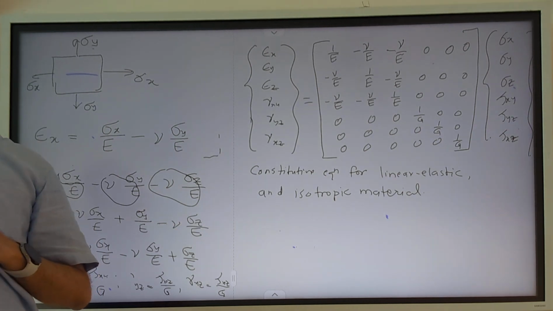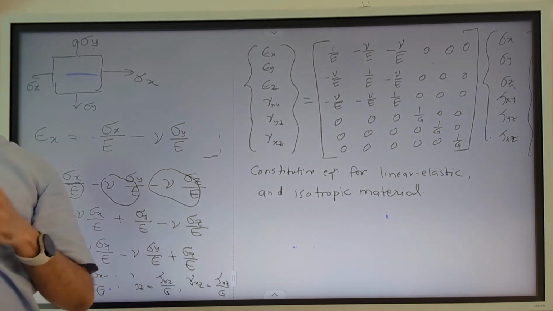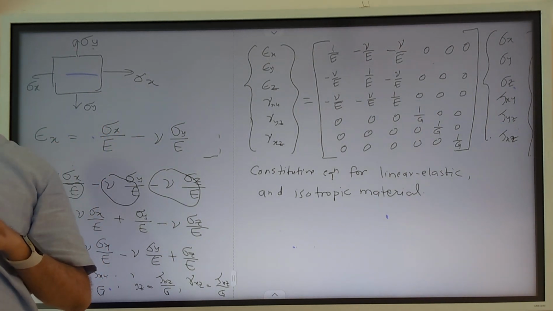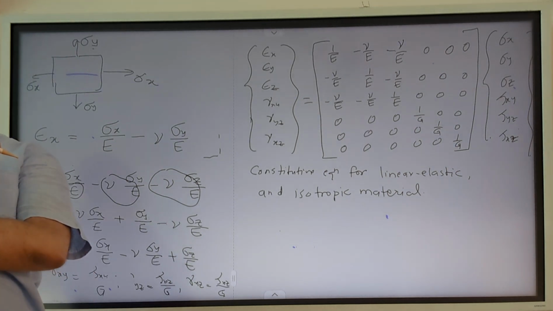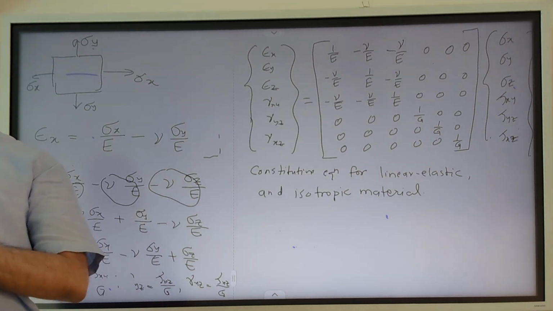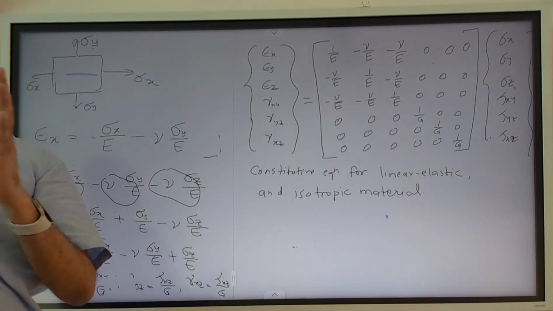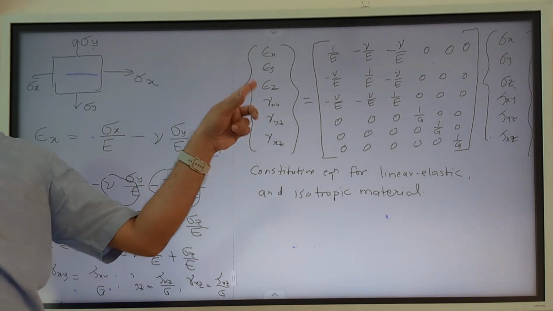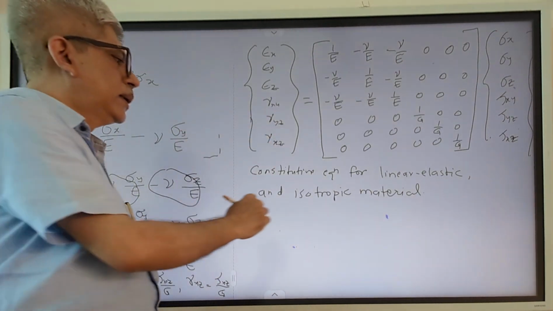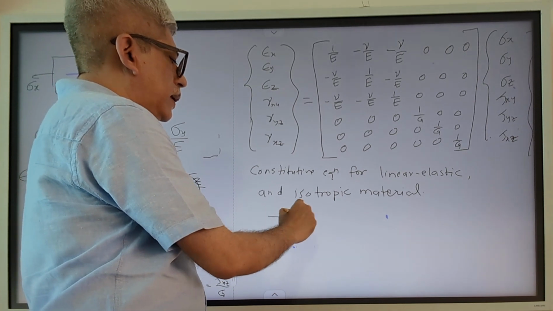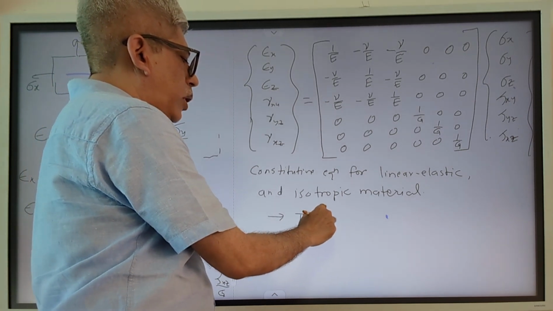G and E. What about nu? Is nu a material property or is it not? Poisson's ratio, does it depend on materials? For steel, the Poisson ratio is not the same as the Poisson ratio for rubber. Every material has a unique Poisson ratio. So in this particular case you require three material properties.